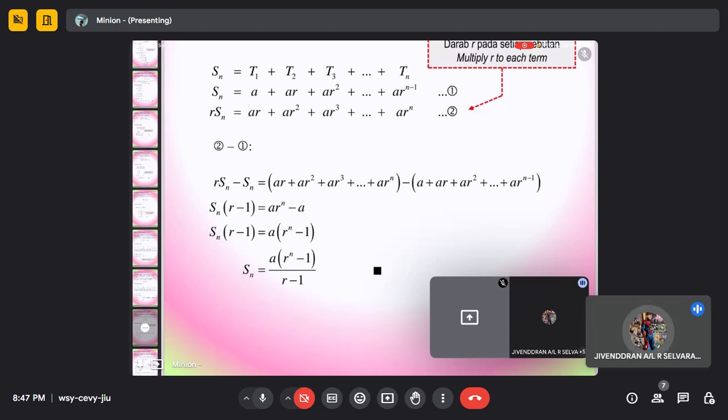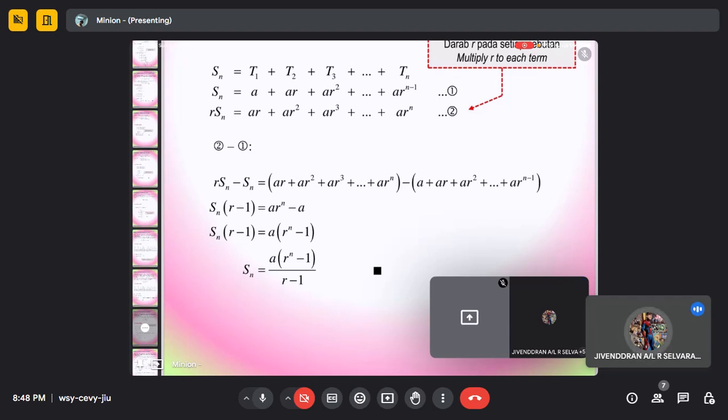Since on the left-hand side Sn is the same, we can factorize Sn out. It will be Sn in bracket r minus 1 close bracket equals ar to the power n minus a. To get that, you have to expand the negative inside and minus each one of the terms, then you will get ar to the power of n minus a.